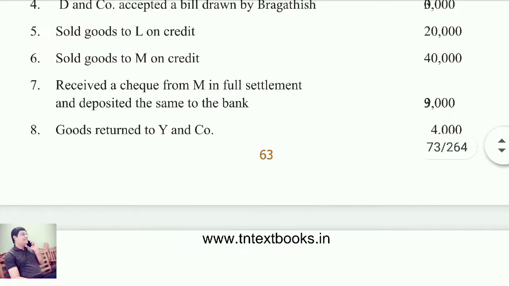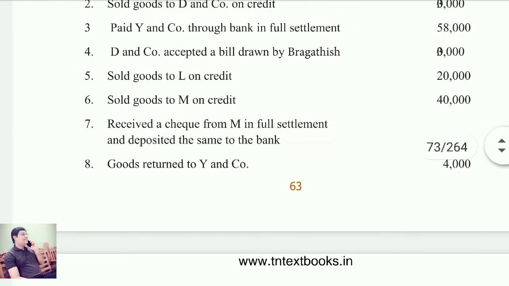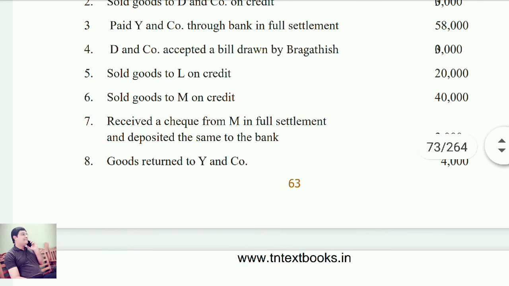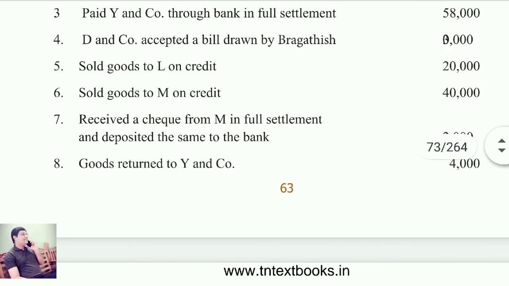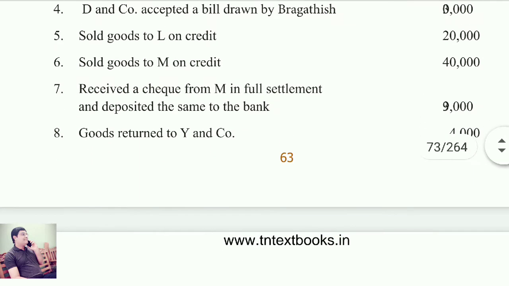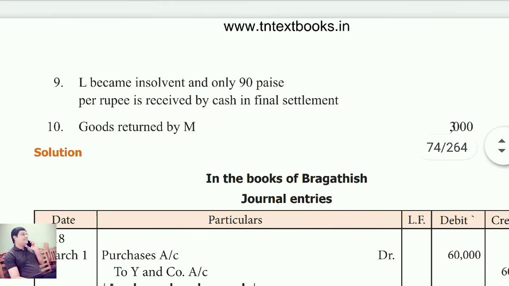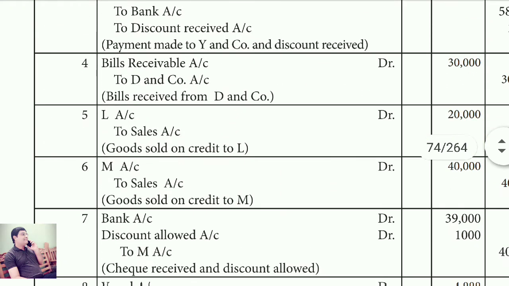Now see the fifth one. Date 5, sold goods to L and Company. So L and Company account debit to sales account rupees 20,000. Why? Because it is a credit sale.